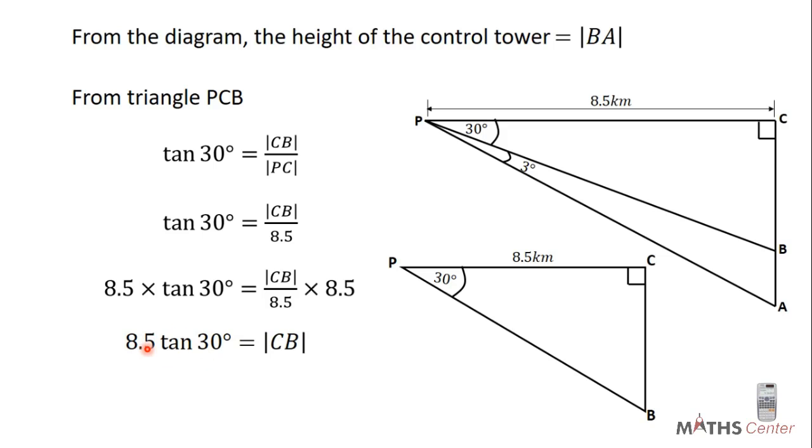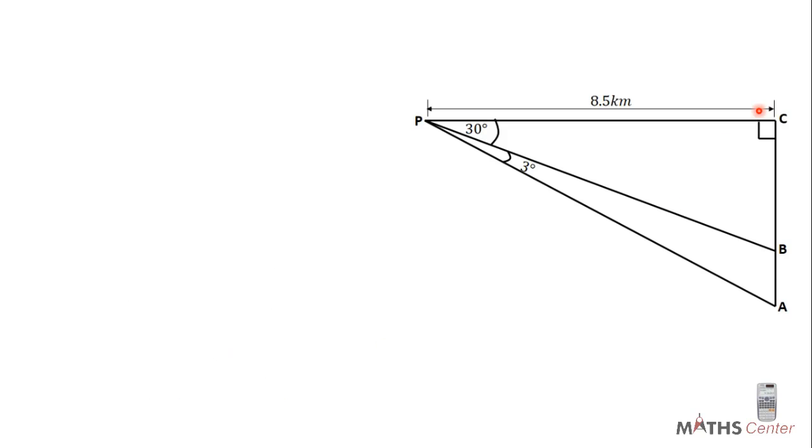And this will give us 8.5 tan 30 degrees is equal to CB. You find this on your calculator, you correct your answer to 3 decimal places, and you have CB equal to 4.907 kilometers.